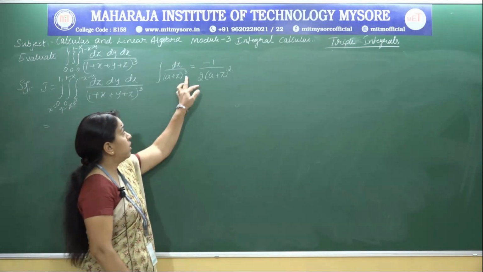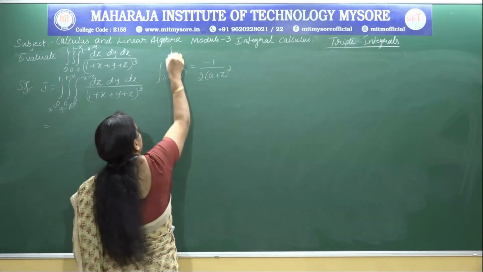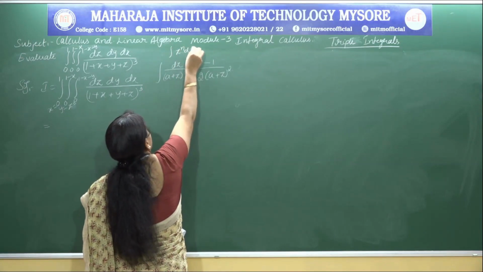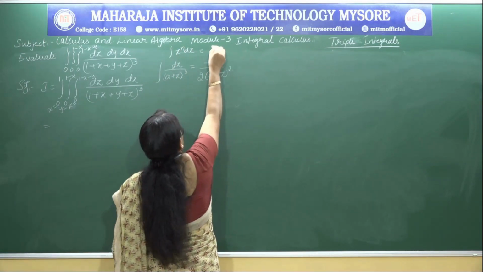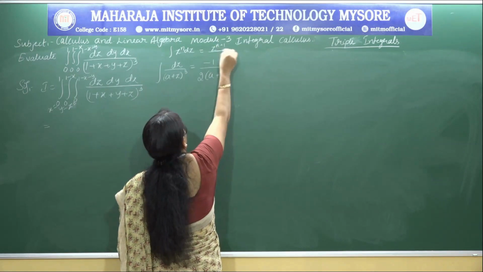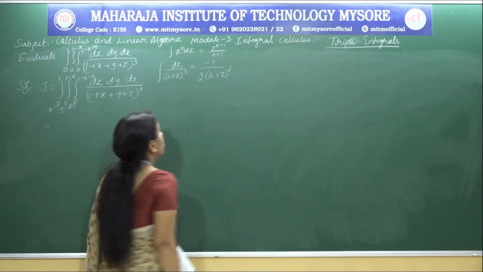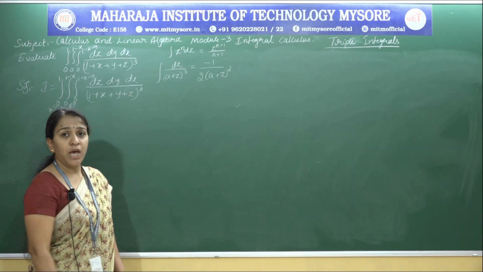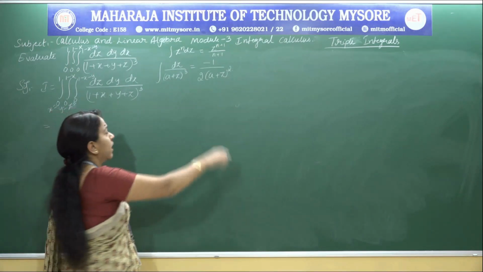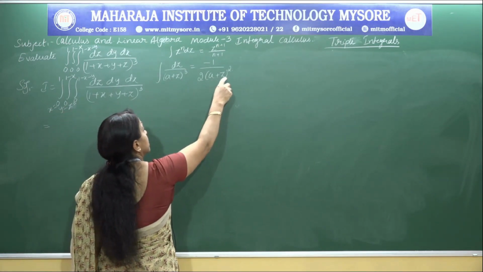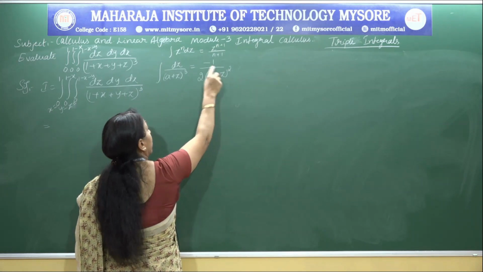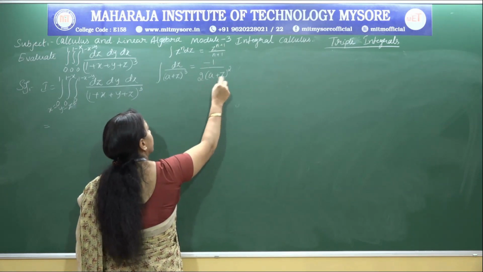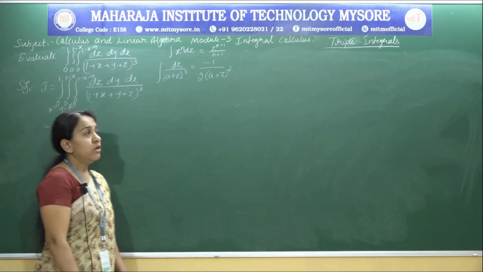So in place of n, the standard result is this, integral of z power n with respect to z is z to the power of n plus 1 by n plus 1, right? So in place of n, we have minus 3 here, so that we have minus 1 by 2 times of a plus z whole square.